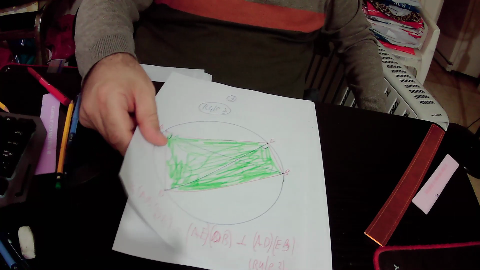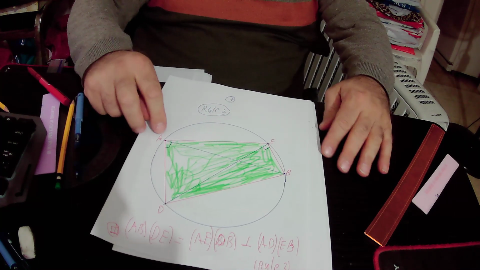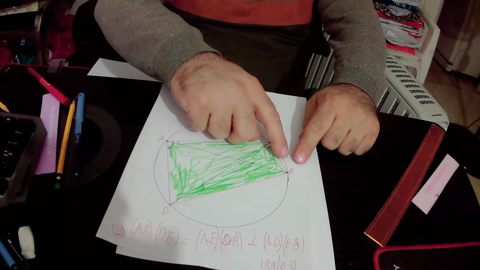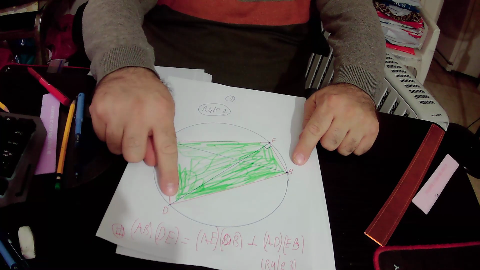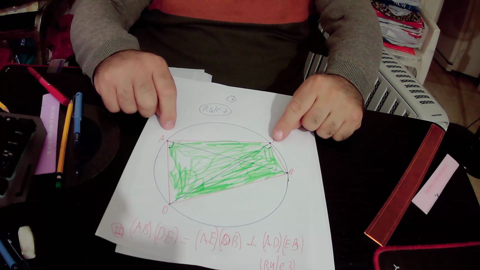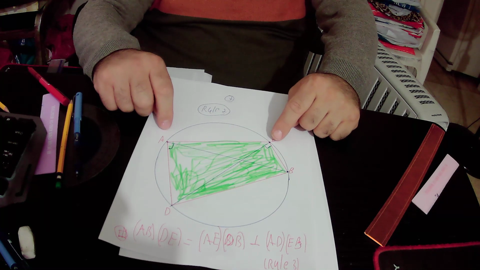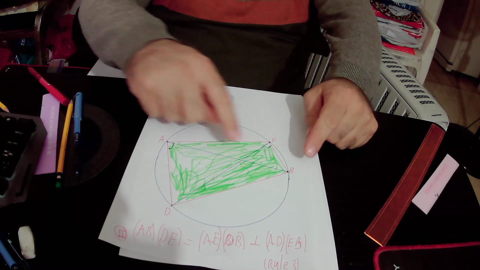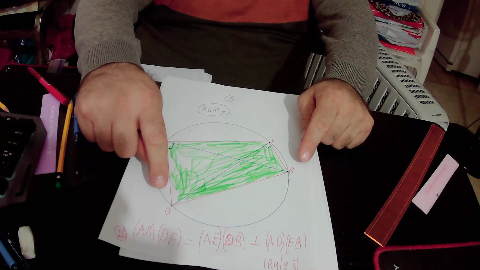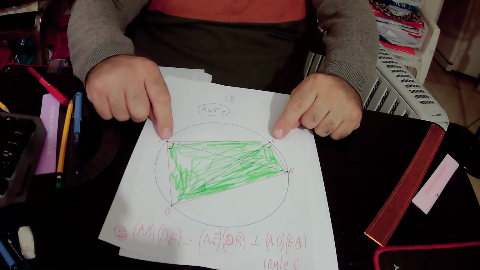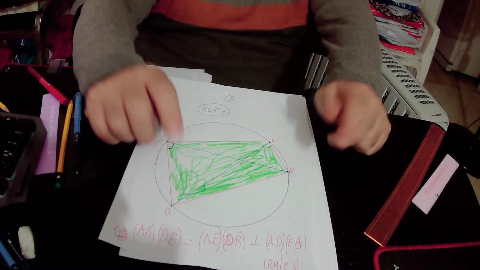We have angle DAB, that is a right angle, and angle DAB rests on line segment DB, and angle DEB, or angle BED, that is also a right angle, also rests on the same line segment BD. So we have here two equal angles. They are both right angles, and they both lie on the same line segment BD.